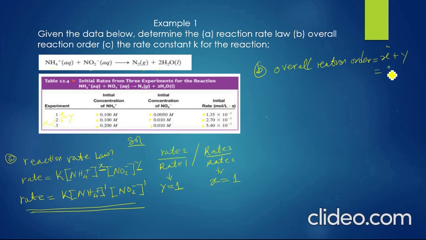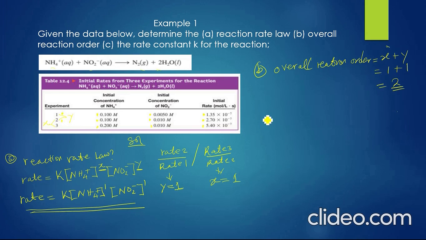So we are having 1 and 1 there. We have determined already this. So our overall reaction order is 2. So this simply tells us that the reaction is second order. So that's how you determine it, as simple as that.